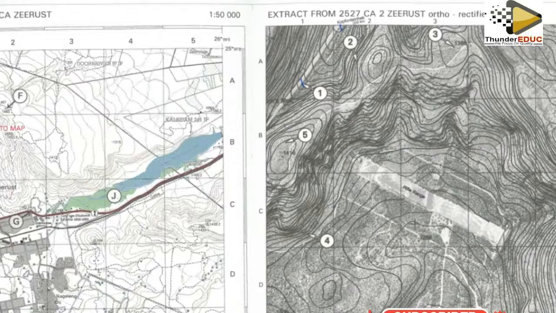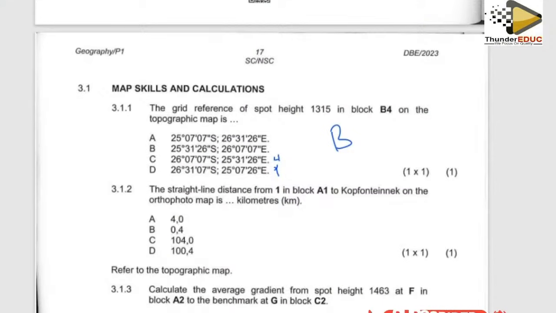The answer we get, we convert it to kilometers so that we can add onto this one. So it's going to be the distance you measure from 1 to this place here, Clifford.